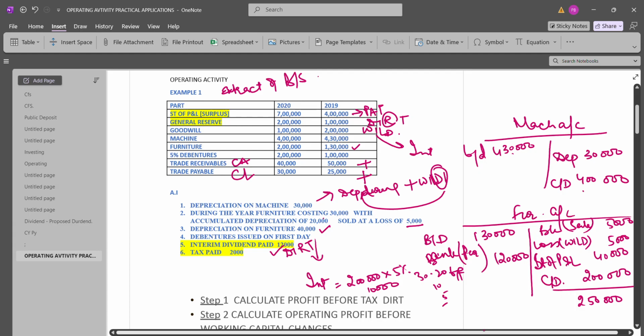Tax paid is given. There is no provision for tax given here. Provision for tax is missing here, so whatever is paid is considered to be made also. Double treatment: tax paid will also be this, provision made is also this. We provided this amount, we paid this amount, so there was no need to give extra information.